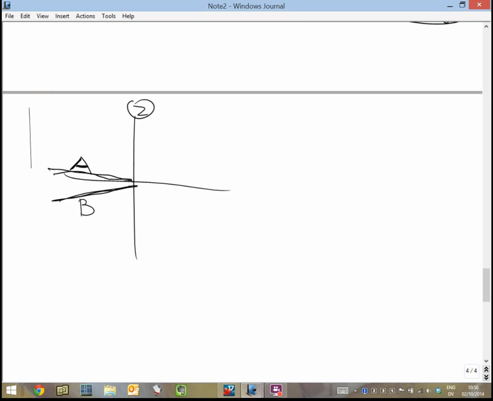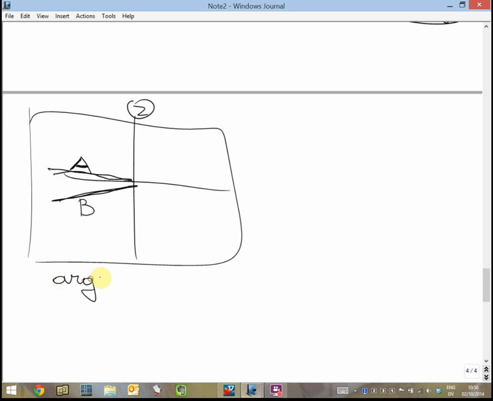In this so-called Riemann sheet, the argument of Z runs from minus pi to plus pi. So this is like sheet 1. We start from minus pi at B and we run from minus pi to pi at A.